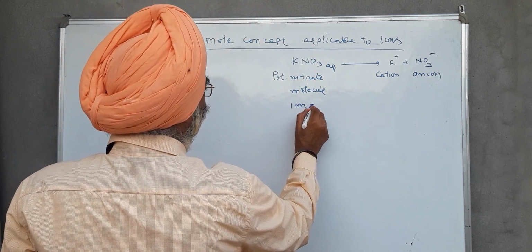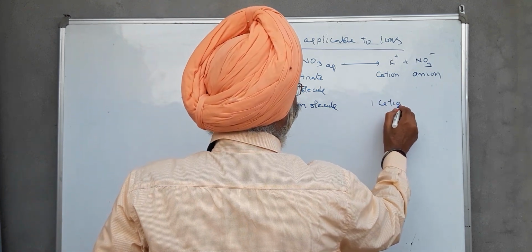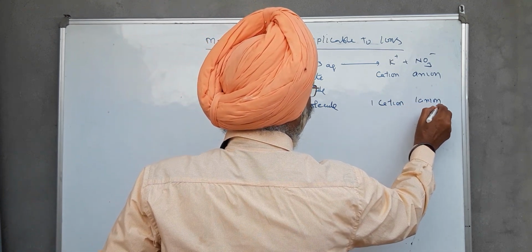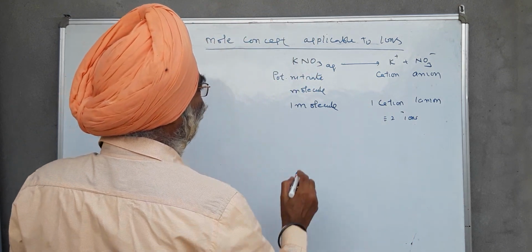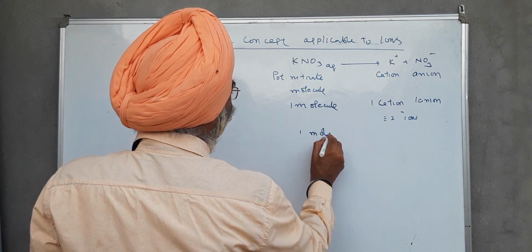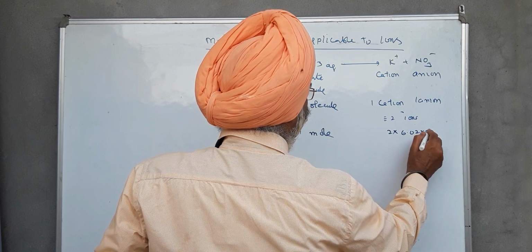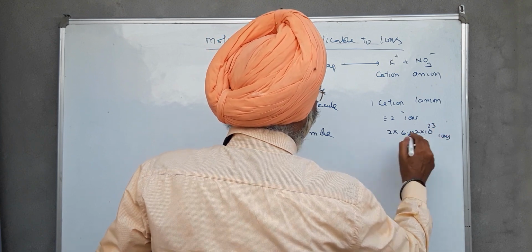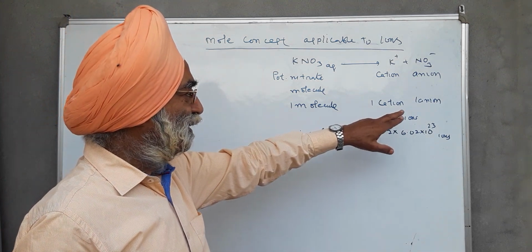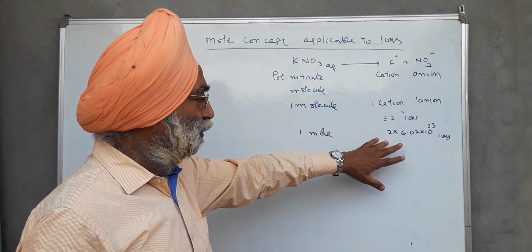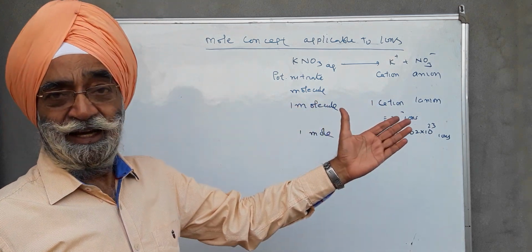One molecule has given one cation and one anion, that is a total of 2 ions, and 1 mole will give rise to 2 into Avogadro's number of ions: Avogadro's number of cations and Avogadro's number of anions. This was an example.